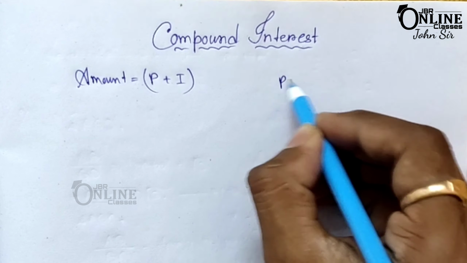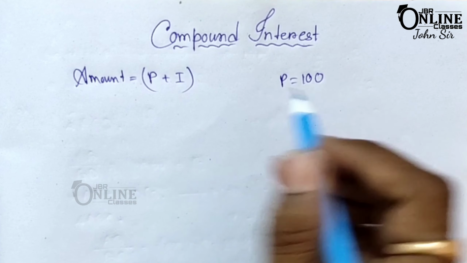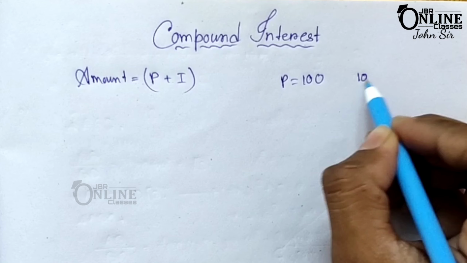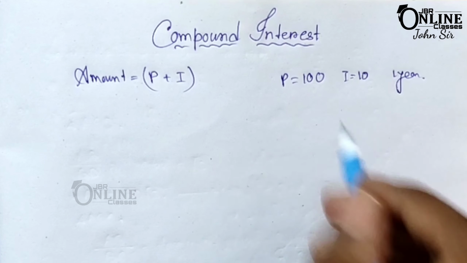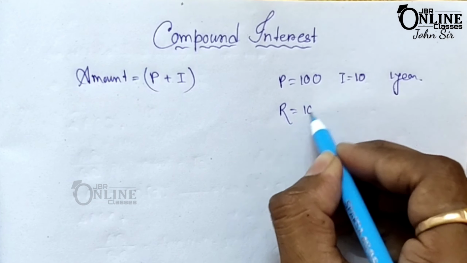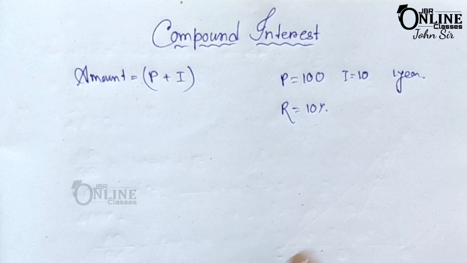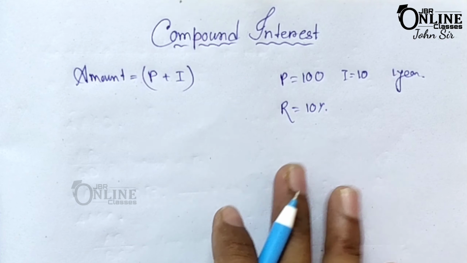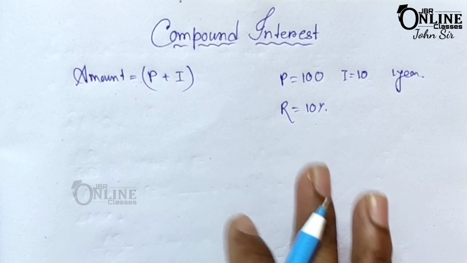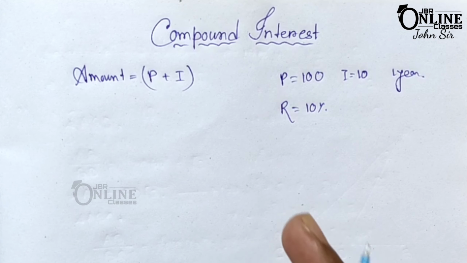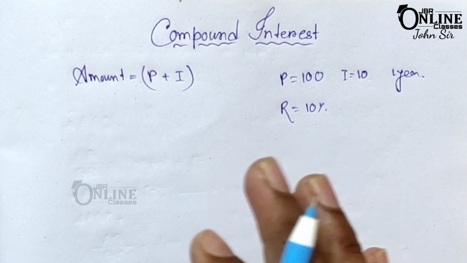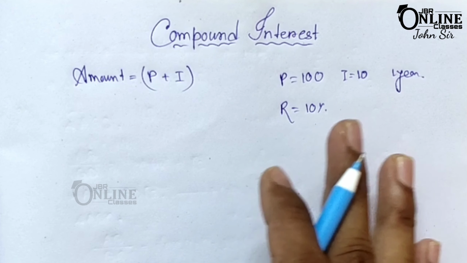Suppose the principal is 100 and you have to pay ₹10 as interest for 1 year. That means your rate of interest equals 10%. Now next, what is time? Time is the period for which the money is borrowed.